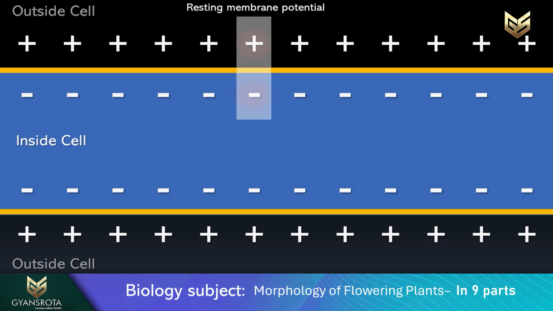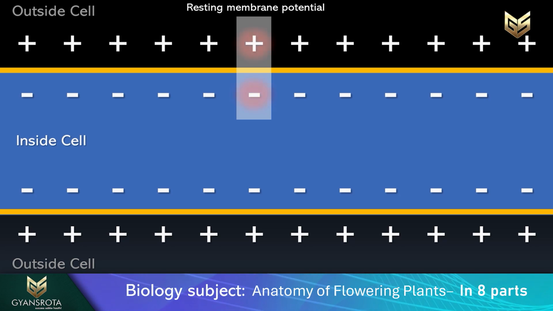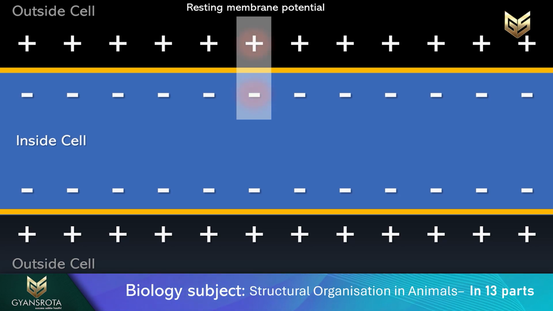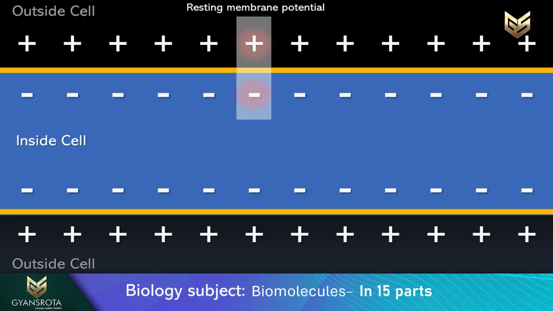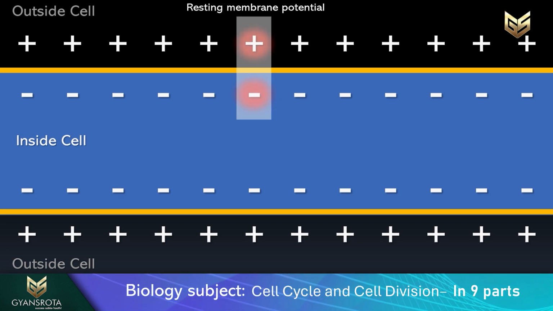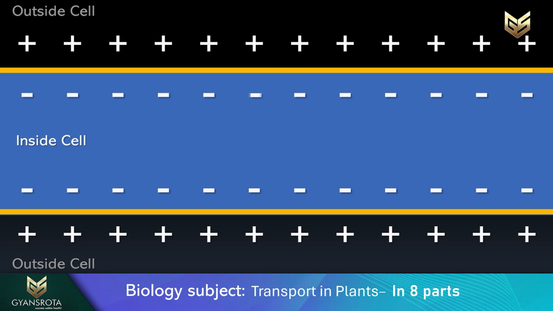The overall result is that the exterior of the cell has a net positive charge and the interior has a net negative charge. The difference in charge between the interior and exterior of the cell is called the resting membrane potential, or you can also say it as the resting potential.